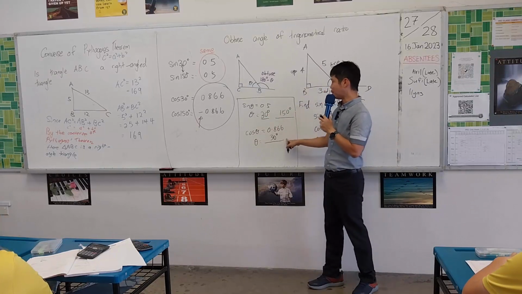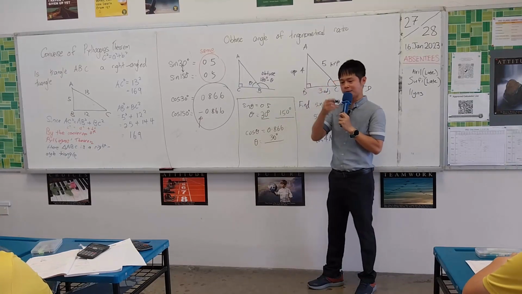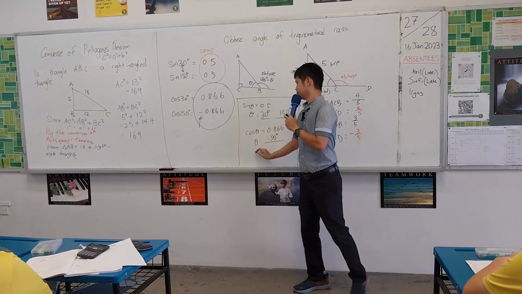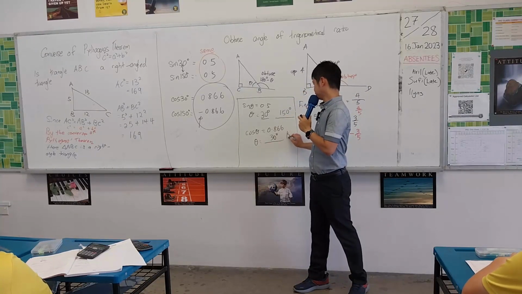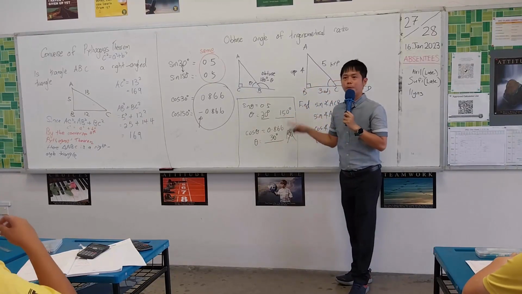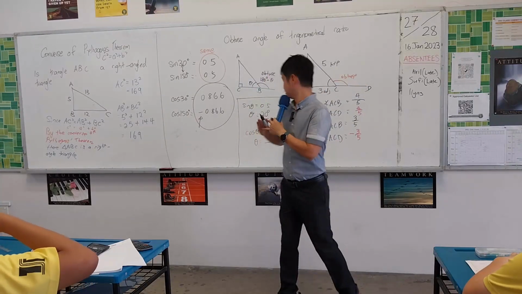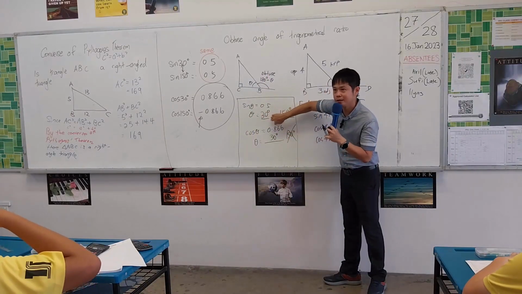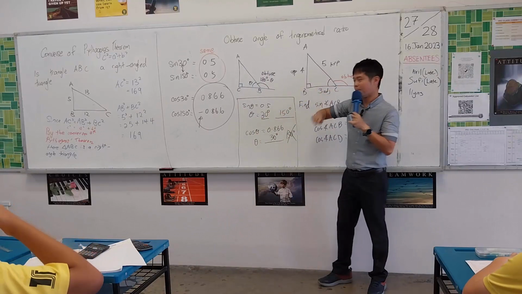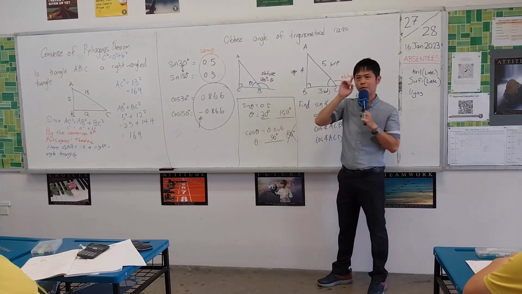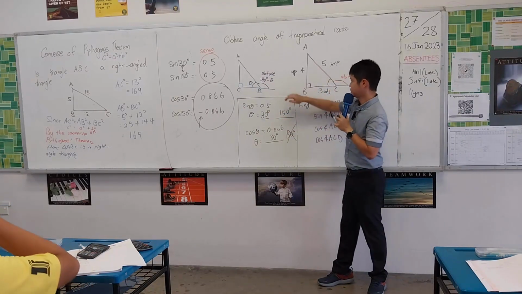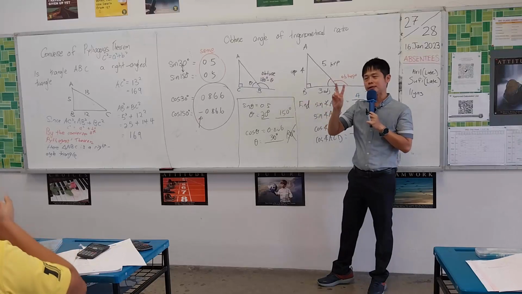This is the only answer. If I have 150, that's the common sense part. If I have 150, this is wrong. Press cosine 150, this should be negative, but because it's positive, it is wrong. For cosine, 1 answer. For sine, there are 2 answers.